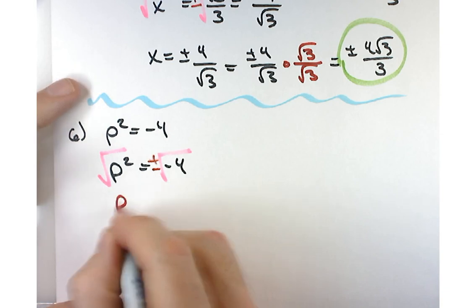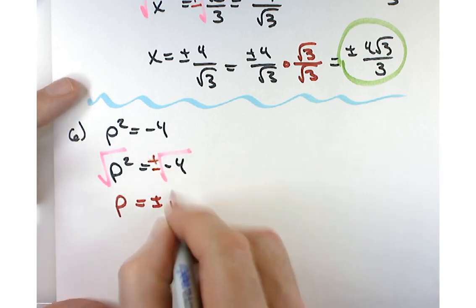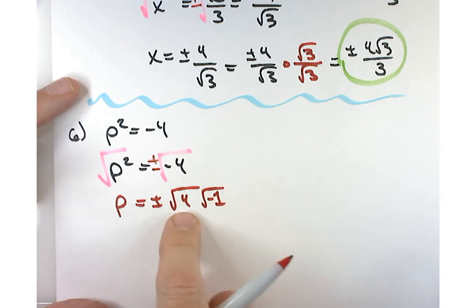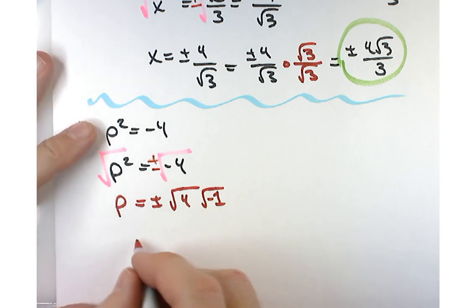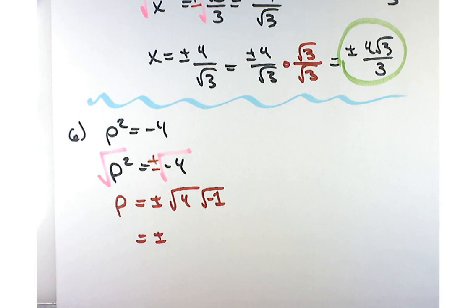And as far as the square root of negative 4 is concerned, one way to handle this is to write it as the square root of 4 times the square root of negative 1. How does that simplify? 2i.